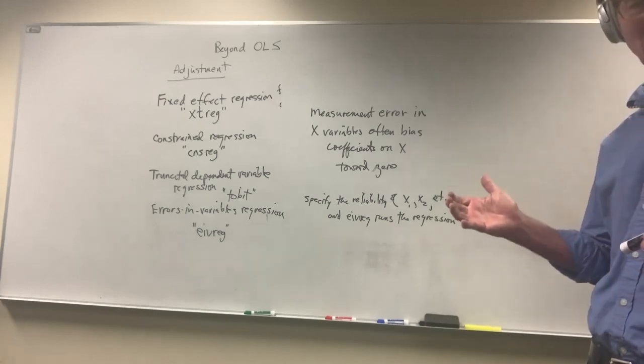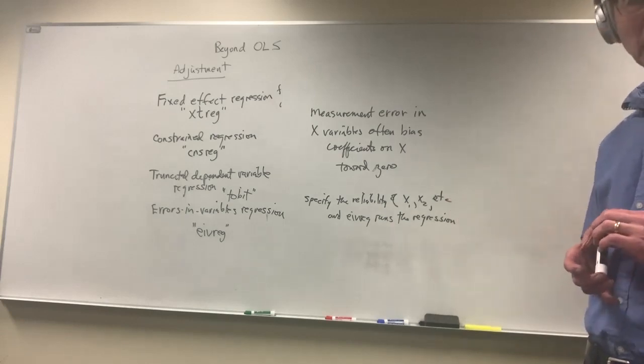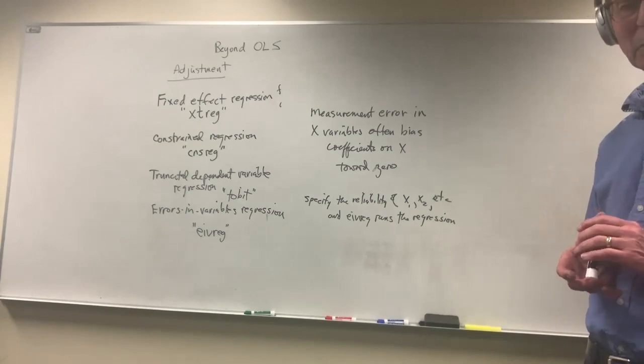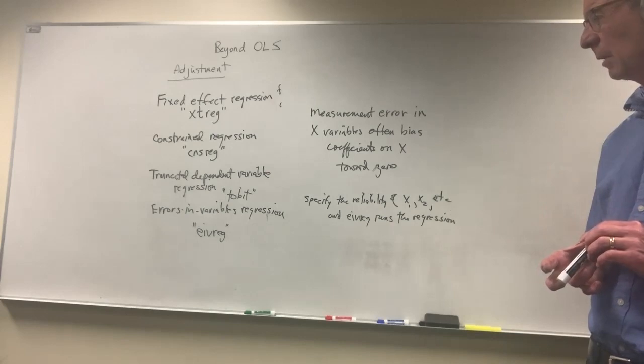So here's a variety of techniques, one of which may do the trick. And they're all explained pretty well. They're easy to implement in Stata. So important to know, and you might want to try them out.